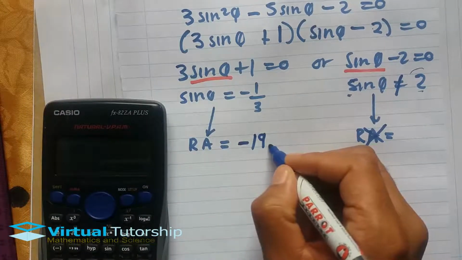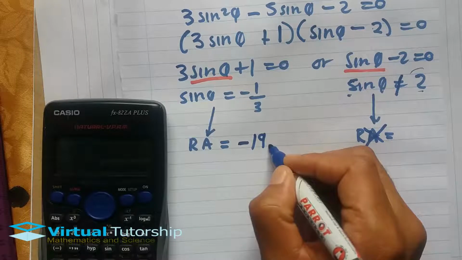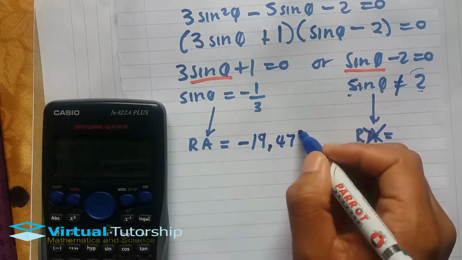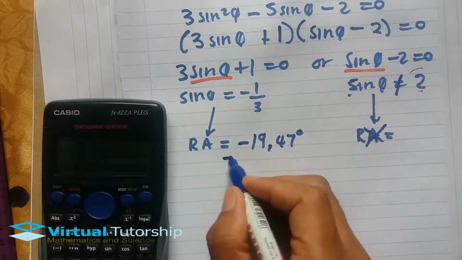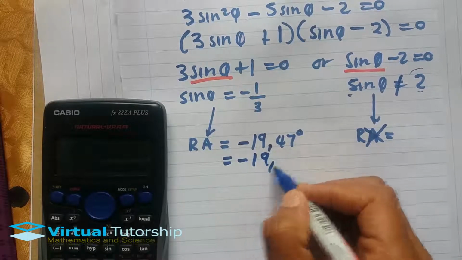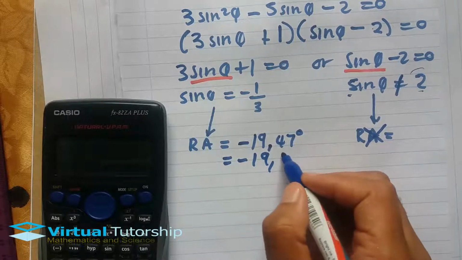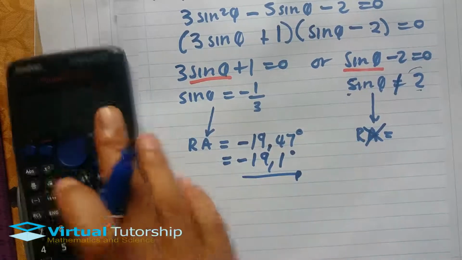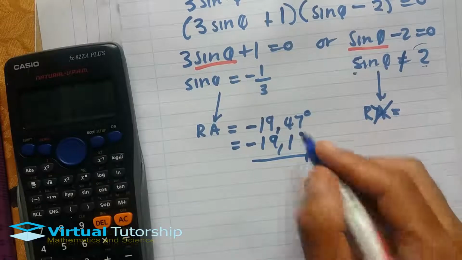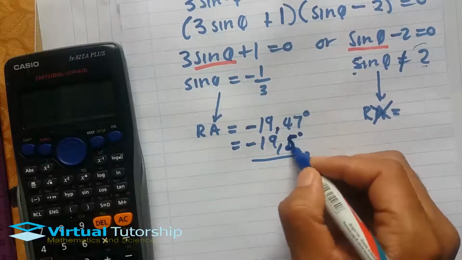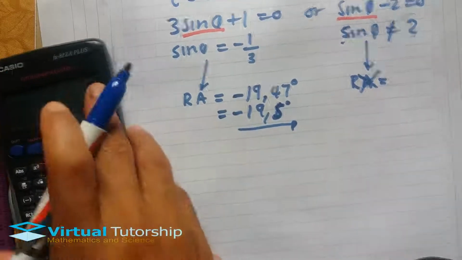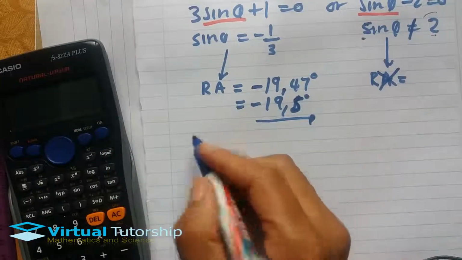So it's minus 19.47 degrees. Oh, the question said we must write it in 1 decimal place. So in 1 decimal place the answer is about minus 19.5 degrees. So let's go down with it now.